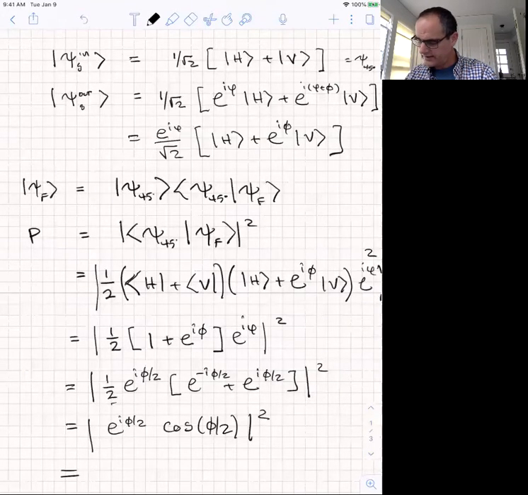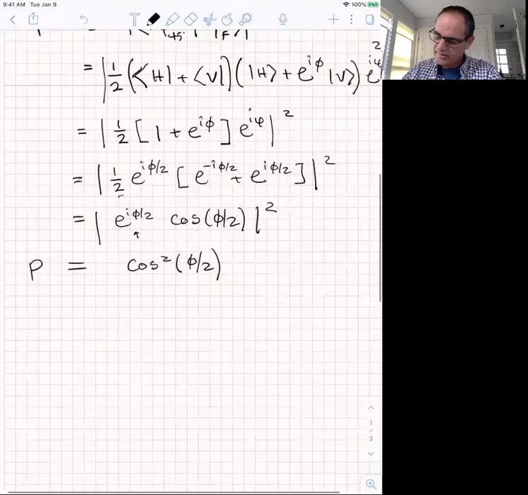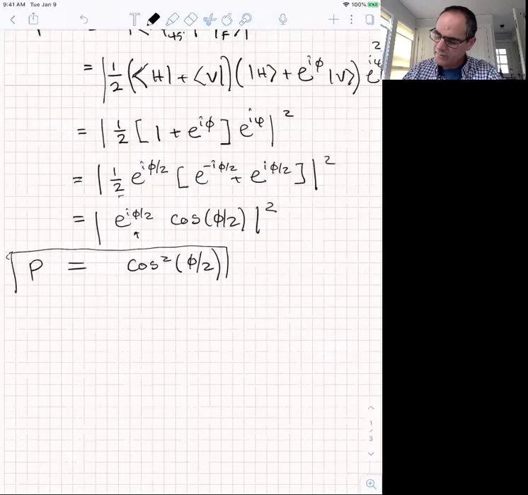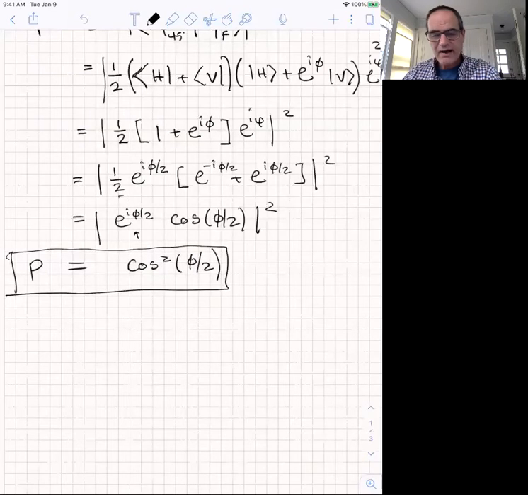And so the result now, once we take absolute value squared, is that the phase term will drop out, and we'll just have cosine squared phi over 2. So the detection probability will be cosine squared phi over 2, where phi is the phase difference between the wave function components that travel on each of the two paths in the interferometer.